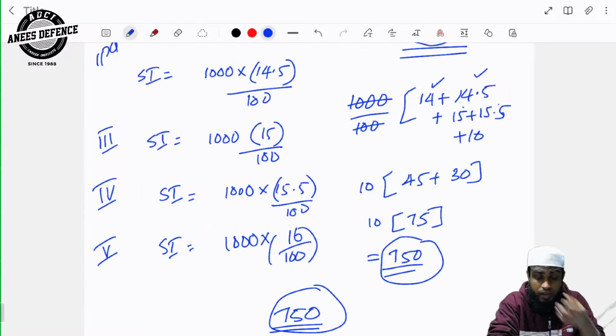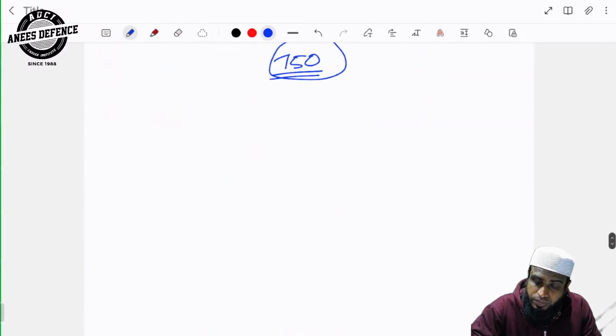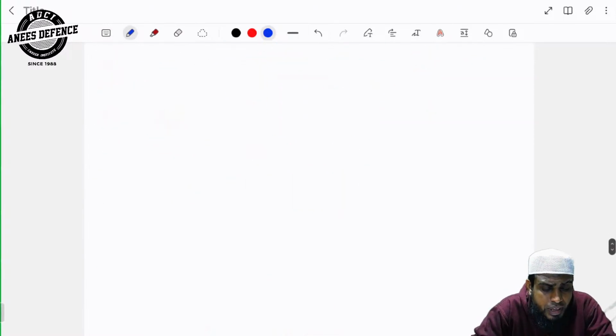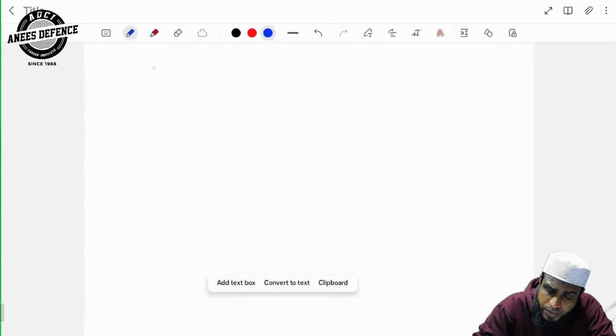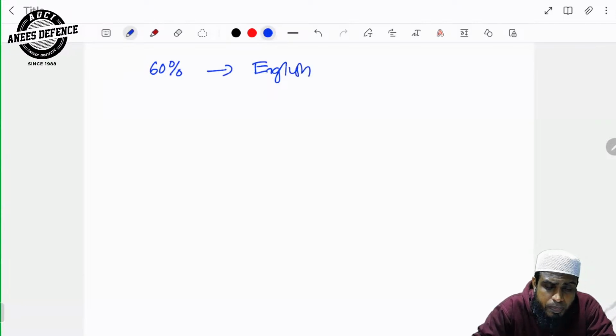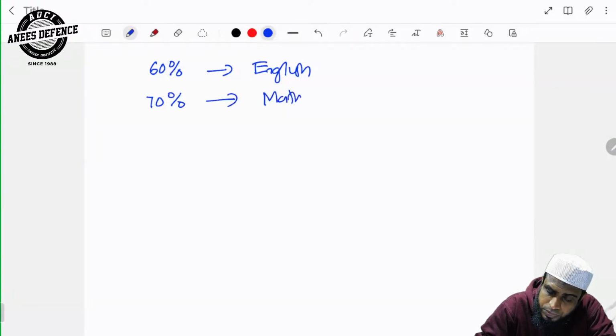Next question. In an examination, 60% of the candidates passed in English. 70% of candidates passed in mathematics. 20% failed in both.